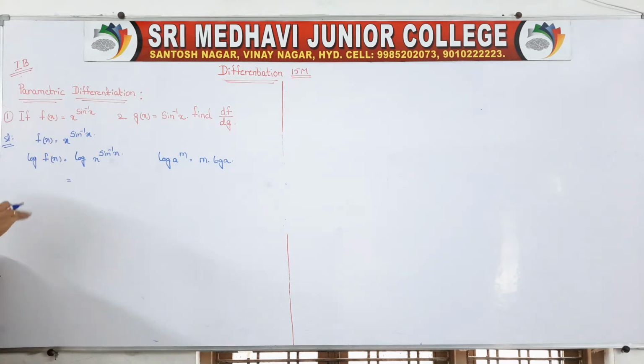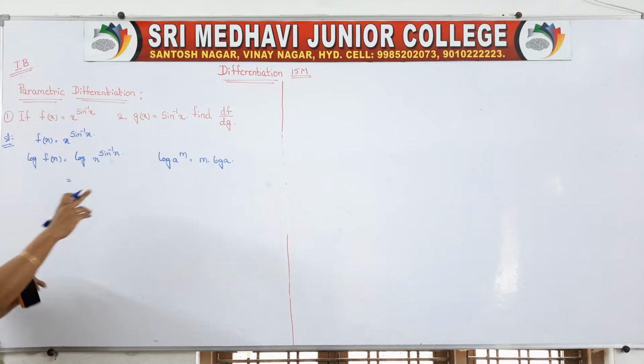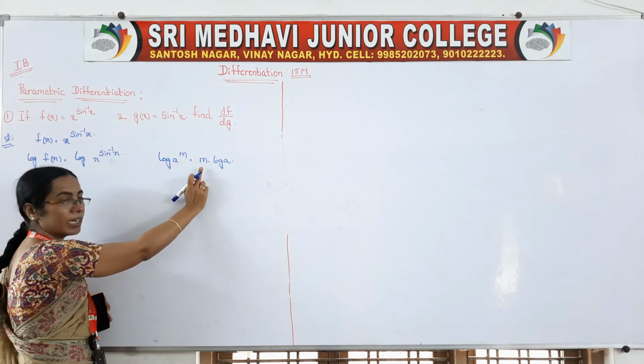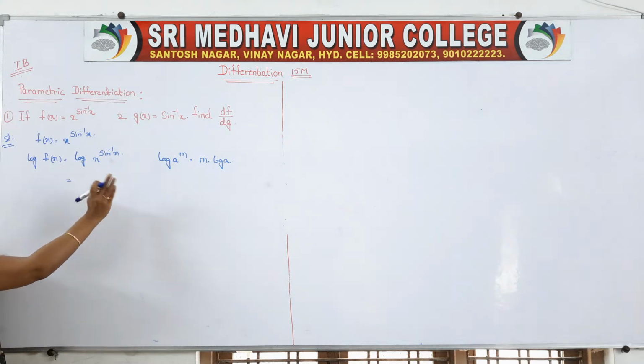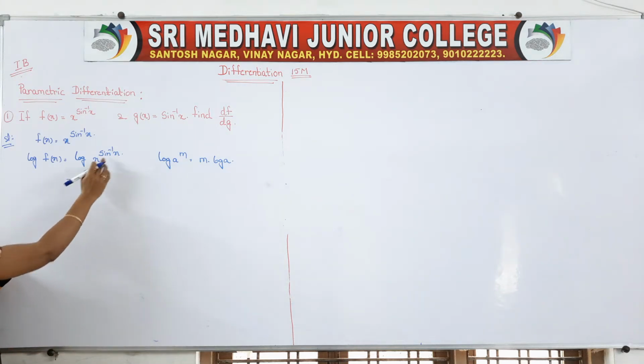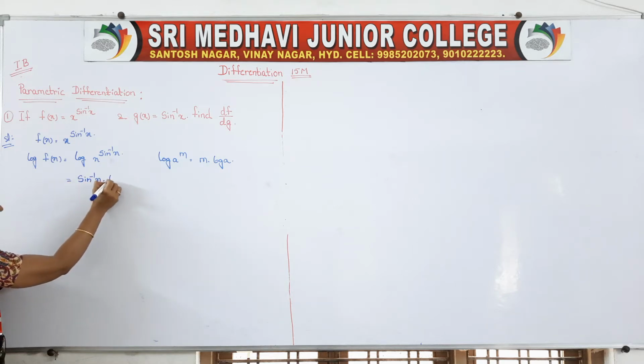So power, again its power is also in terms of x, means if we take log a to the power of m, it comes into m log a. That means u into v form it comes. Then we can easily differentiate. So come on, m log a form means you will have sine inverse x into log x.